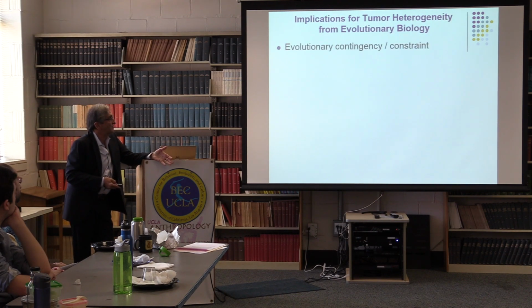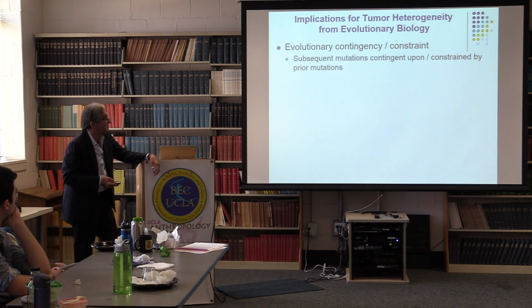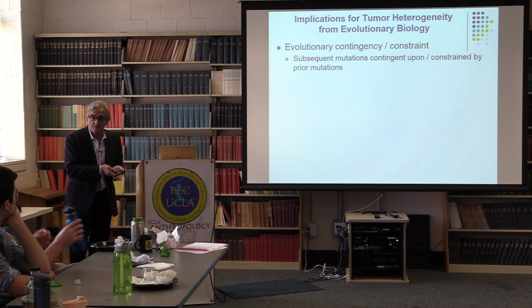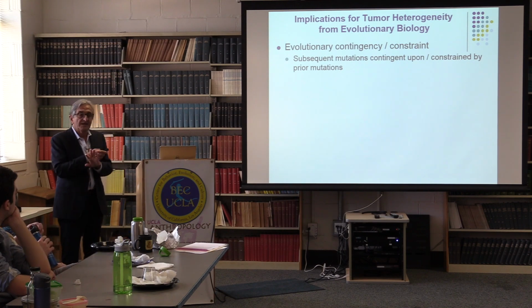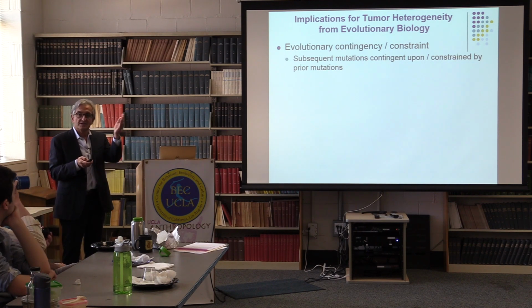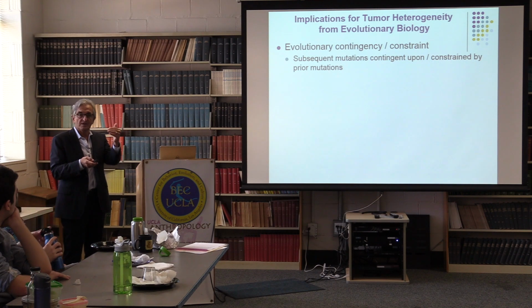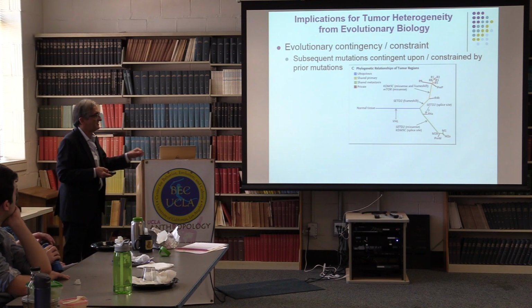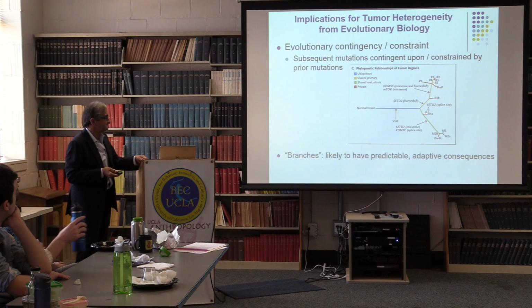So we have evolutionary contingency and constraint, which tells us that subsequent mutations are going to be contingent upon the ones that came before. So it's not chaos, it's not an infinite array of branches coming off of the trunk. The trunk mutation actually decides what the array of possible branches can be, as we saw in this patient.